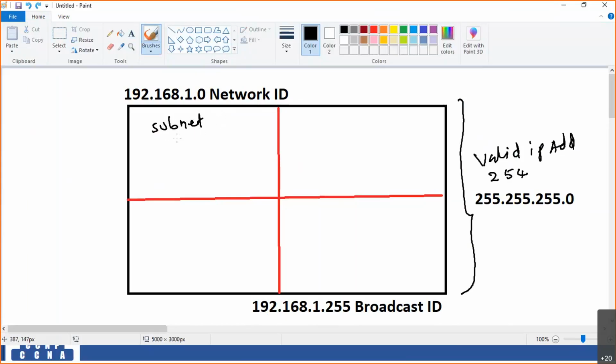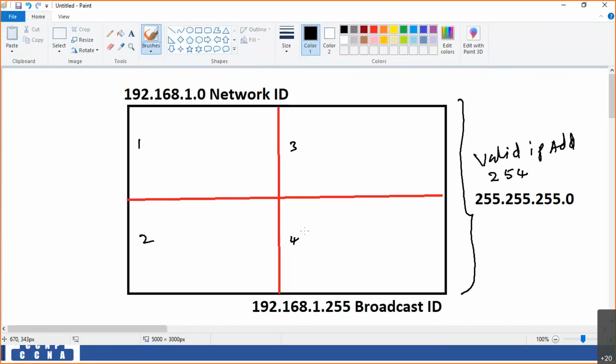So one network is divided into how many subnets? 4 subnets: first subnet, second subnet, third subnet, and fourth subnet. Now again for each subnet, there will be network ID, broadcast ID, valid IP addresses, and subnet mask. Same for the second, third, and fourth subnet also.